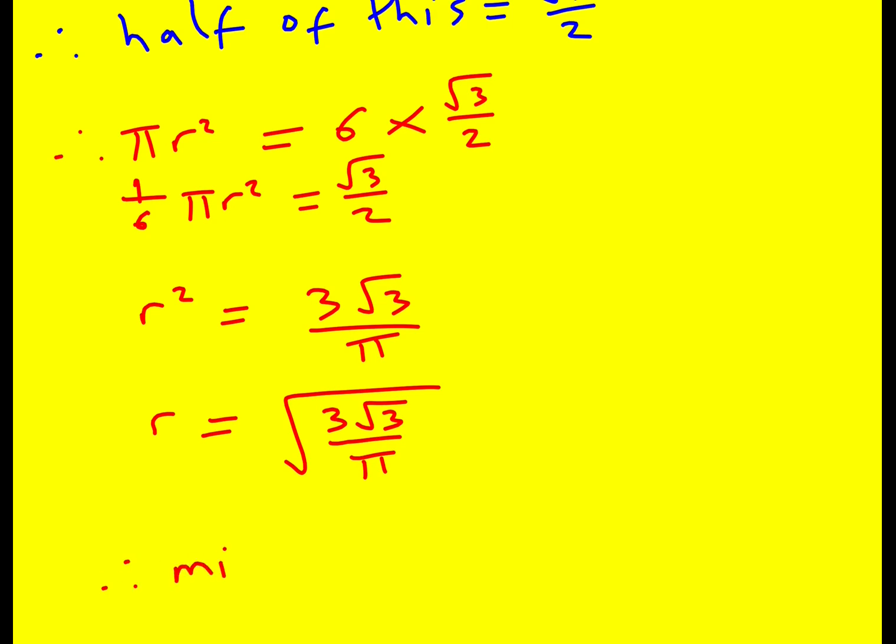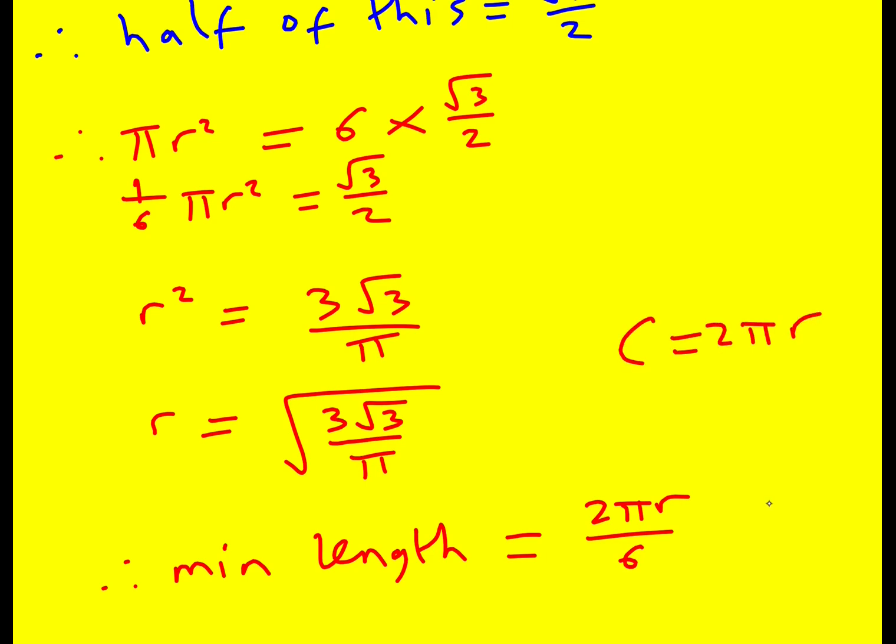Therefore, minimum length is going to equal 2 pi r over 6, because it's my circumference divided by 6, which is pi r over 3.